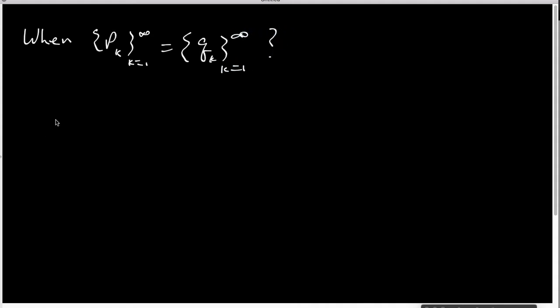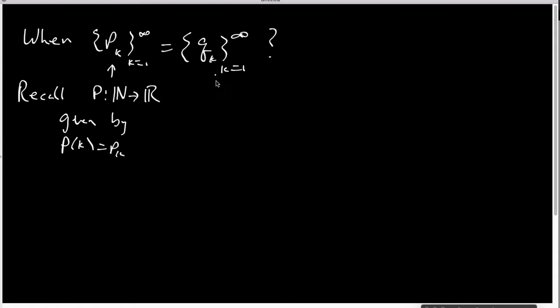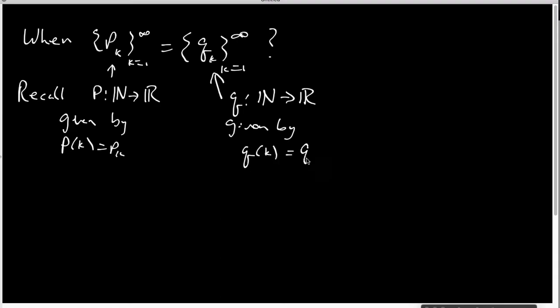Well, we have to remember that sequences are functions, so I want to recall that this sequence is a function going from the natural numbers to the real numbers given by p of k equal to pk, and this sequence is a function going from the natural numbers to the real numbers given by q of k equal to qk.